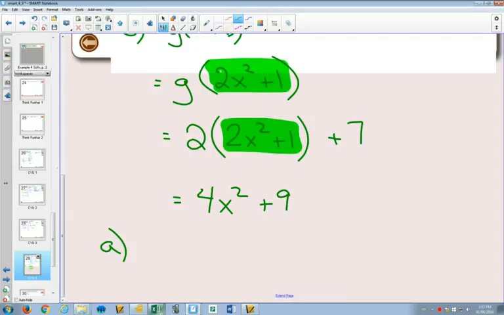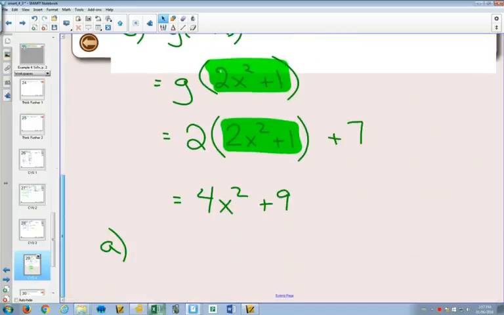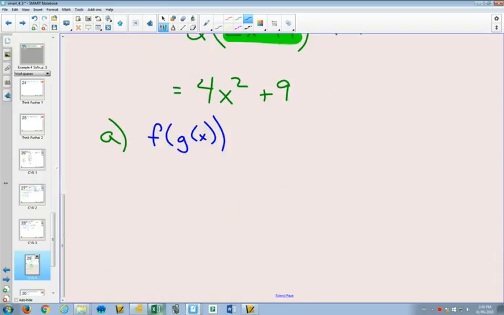So I want you to try A and C, f of g of x and g of x. So in A, we are trying to find f of g of x. g of x is equal to 2x plus 7.